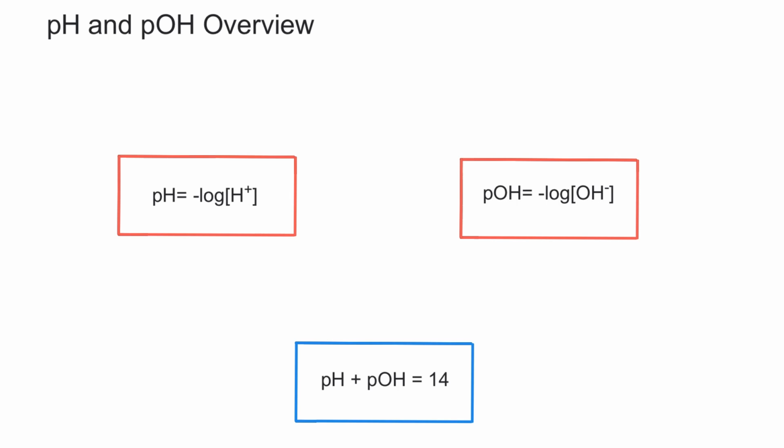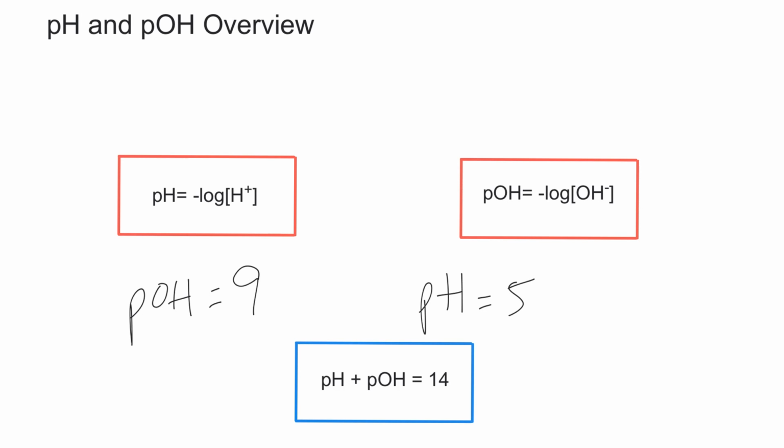This formula is useful in that sometimes you might be given the pOH of a compound, but you want the pH. So let's say that the pOH of the compound is something like 9, but you want to know what the pH of that same compound is. Then all you need to do is subtract 14 minus the pOH, and you get that the pH is equal to 5. And from this, now you understand that you're working with a weak acid.